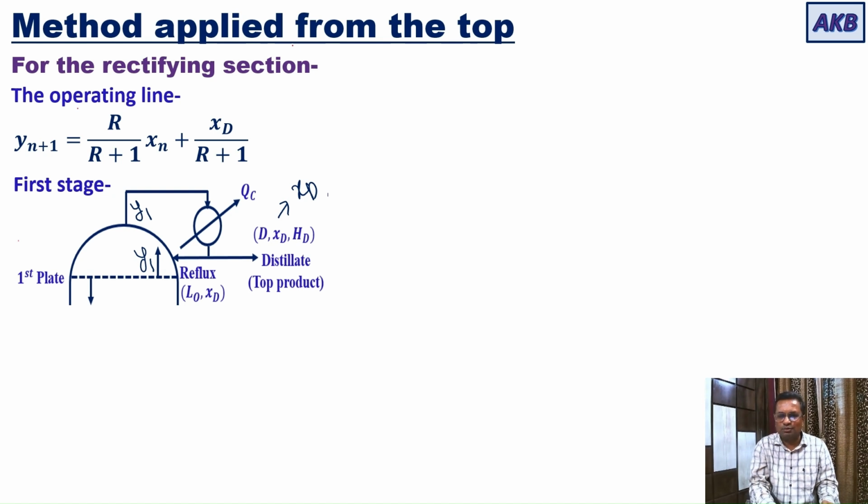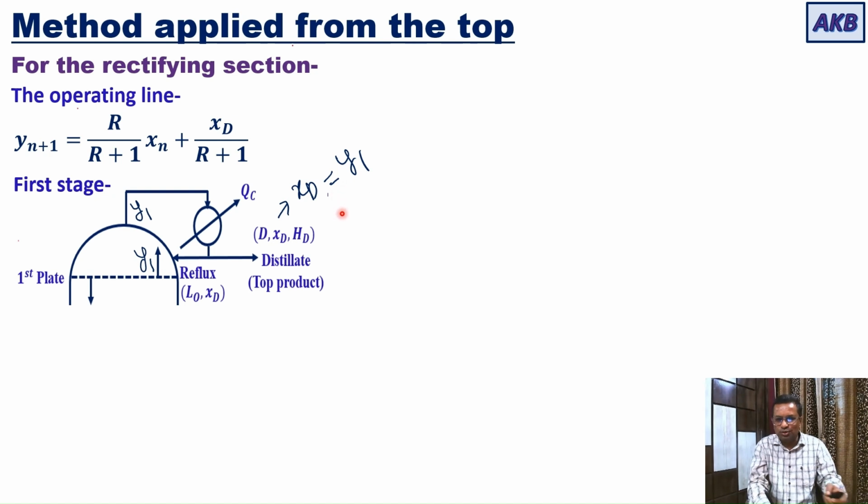So there is no composition change involved, which means that XD, the mole fraction of the more volatile component in the distillate and also in the reflux, is the same as that of Y1. Because the same vapors rising from the top, which have Y1 as the mole fraction of the more volatile component in them, are condensed in the condenser. So that's why there is no change in the composition. That means XD is equal to Y1.